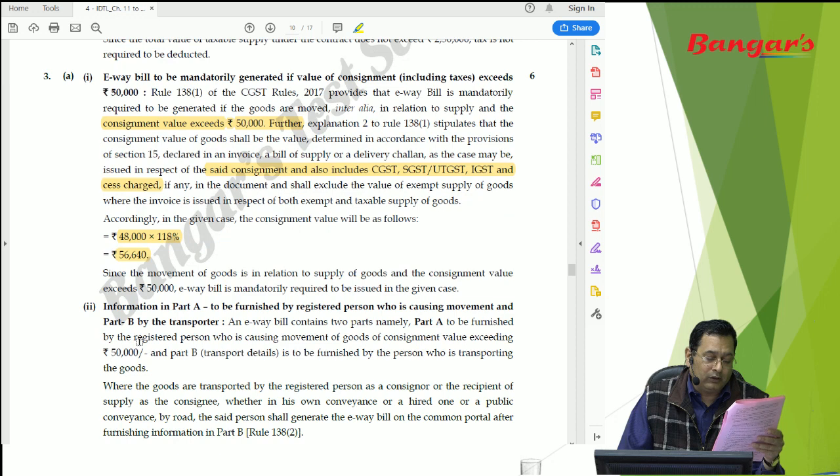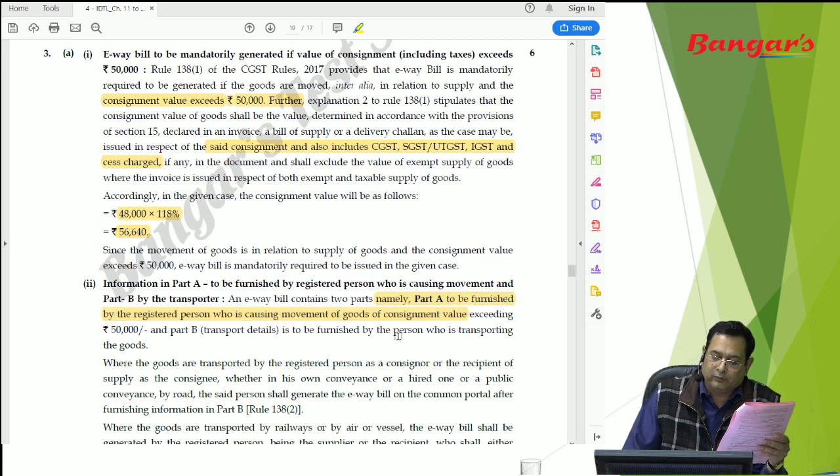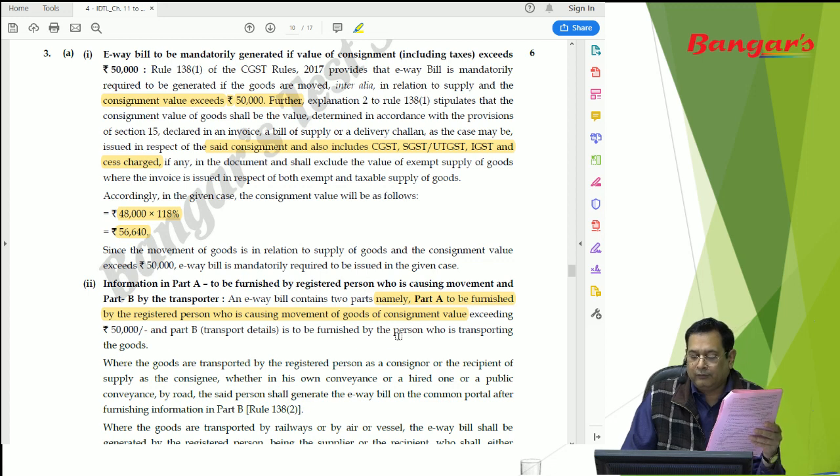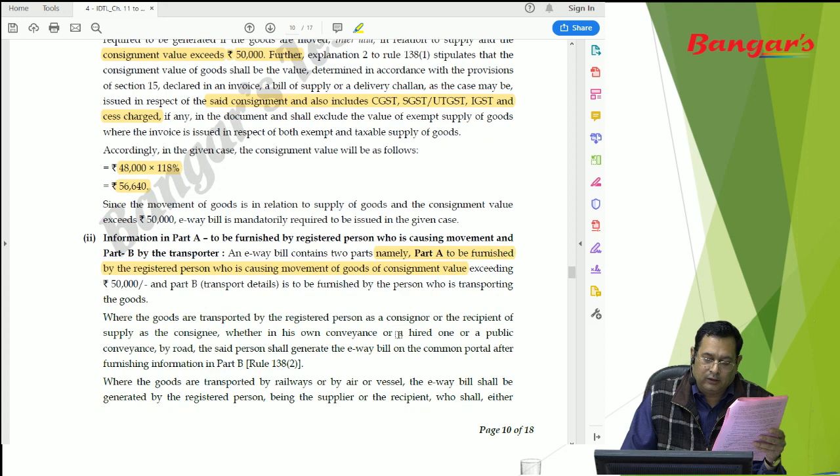Then, if yes, who is required to generate the e-way bill? The e-way bill contains basically two parts. Part A is information relating to the goods, which will be filled up by the registered person who is causing the movement of the goods, that is, where the consignment value exceeds 50,000 rupees. And Part B is the transporter's details, which will be furnished by the transporter.